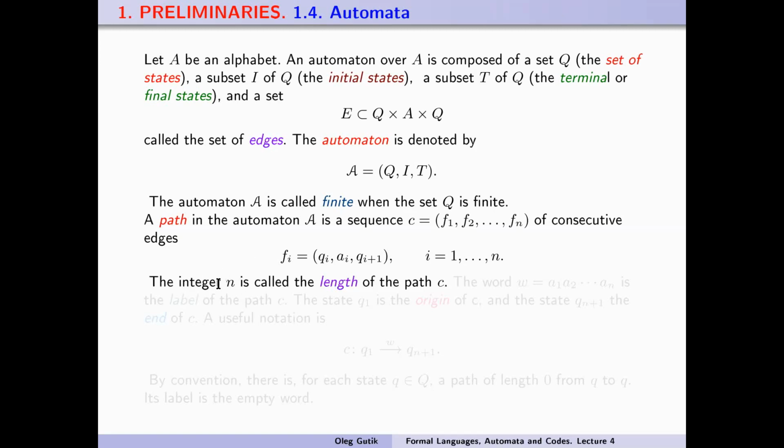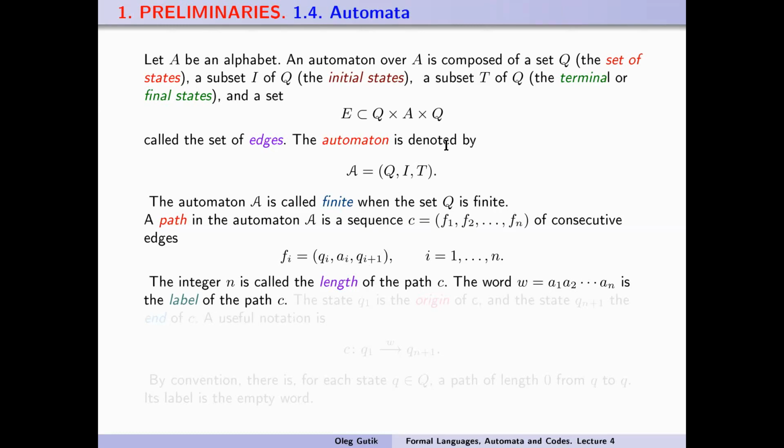The integer n in this case is called the length of the path c. The word w equals a1 a2 and so on, an, is the label of the path c.